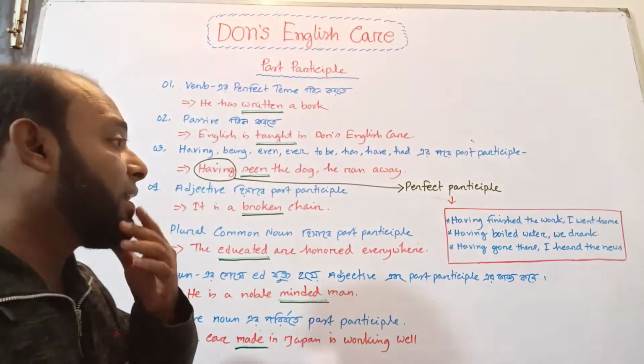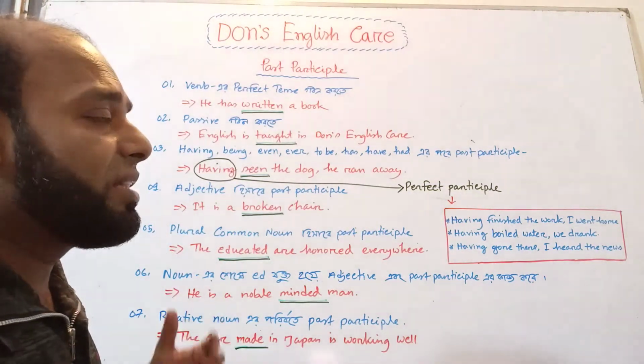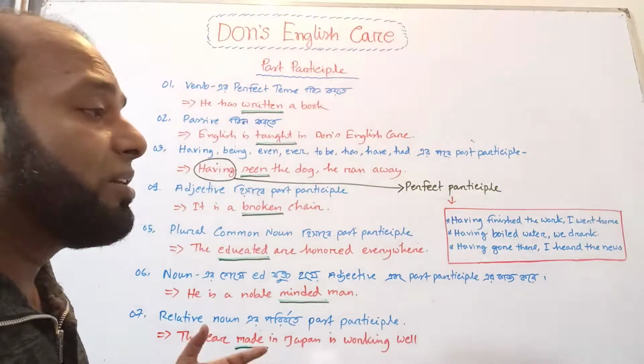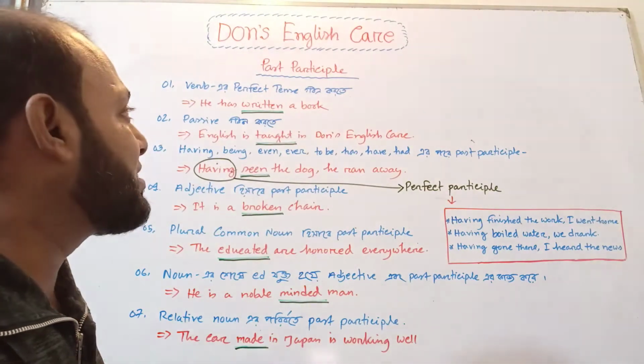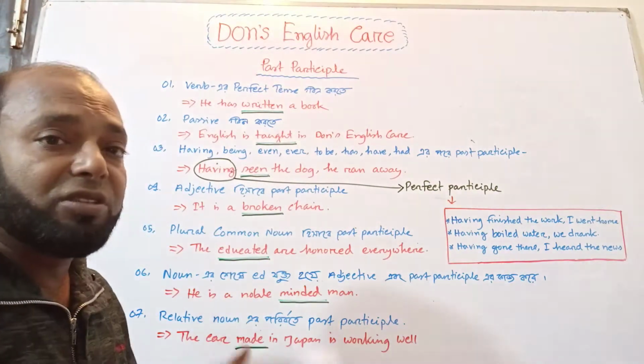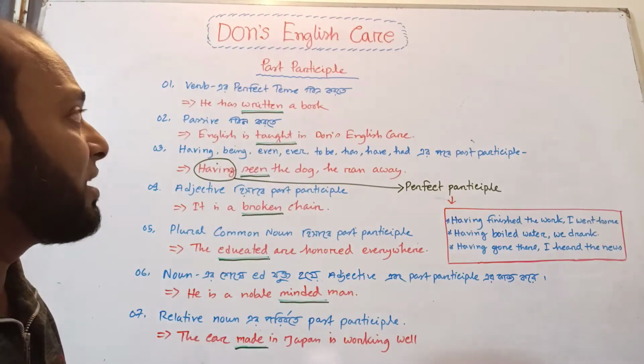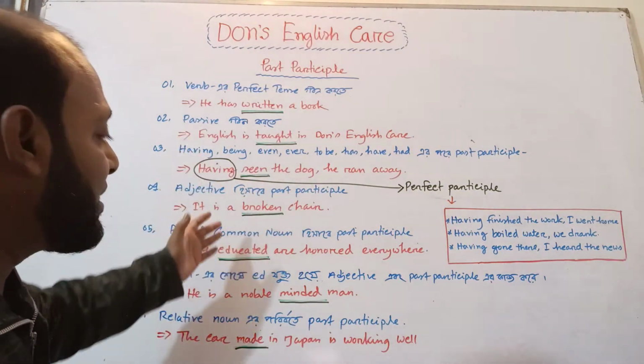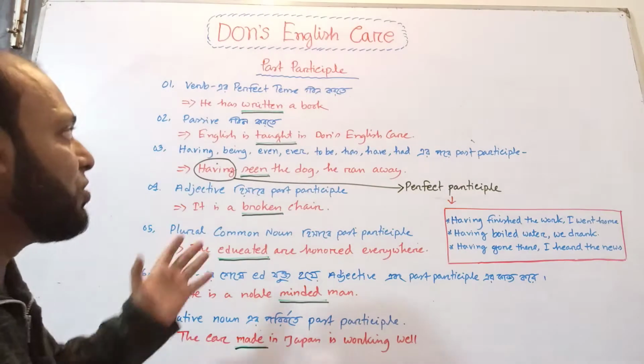I have already taken the class on present participle, but today I would like to take the class on past participle, because it plays a crucial role in understanding better English. Some classifications and uses I have shown here.